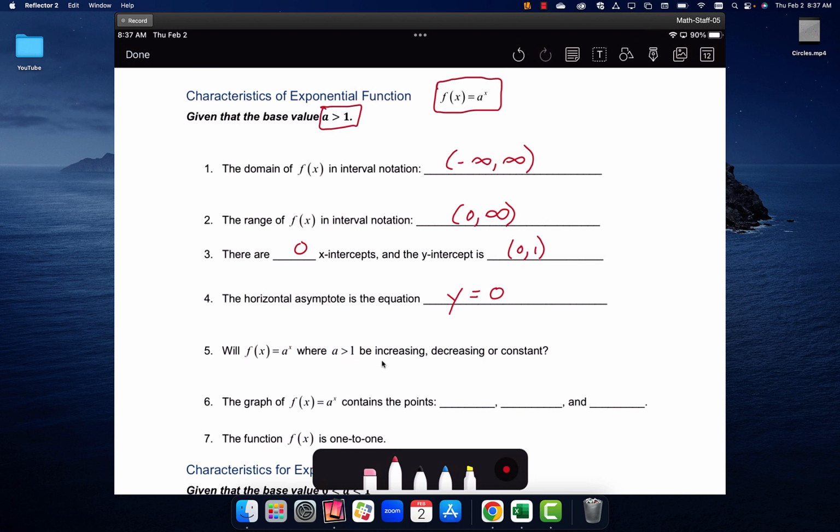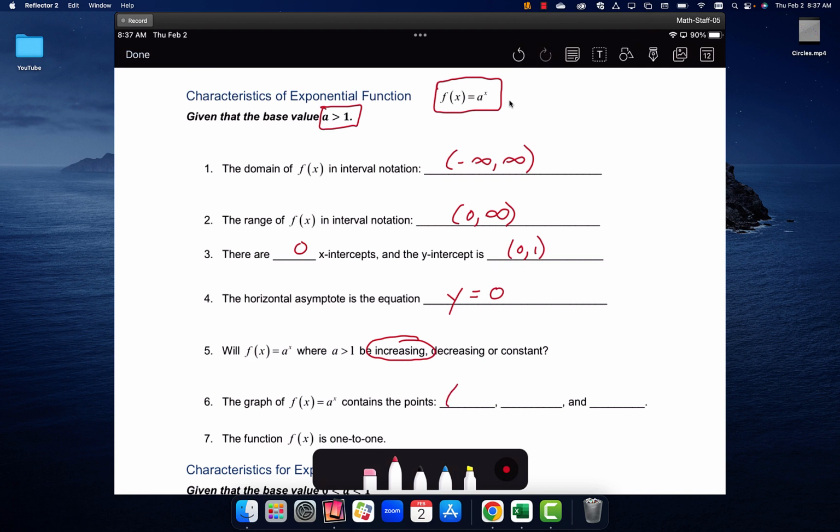And in question number 5, it says, will it be increasing, decreasing, or constant? In this case, we have an increasing graph. Again, just refer back to the first graph we looked at. It's increasing. Number 6, we have some special points that will always be on this generic graph of a to the x.